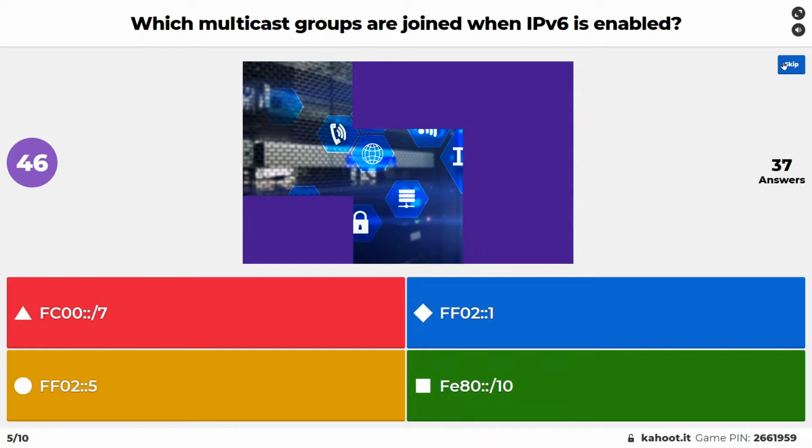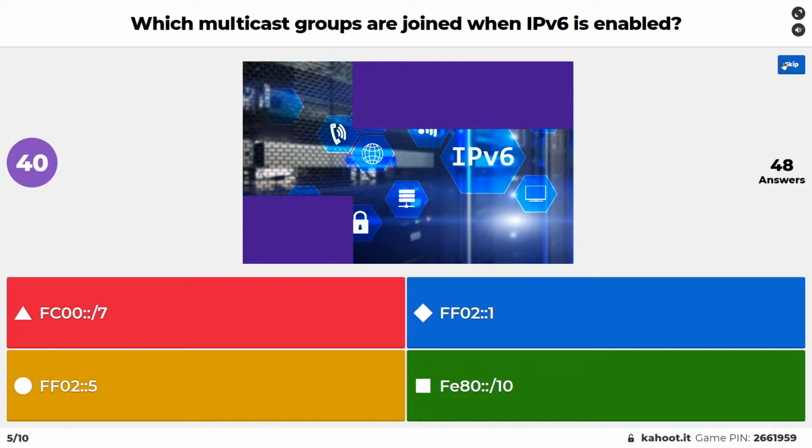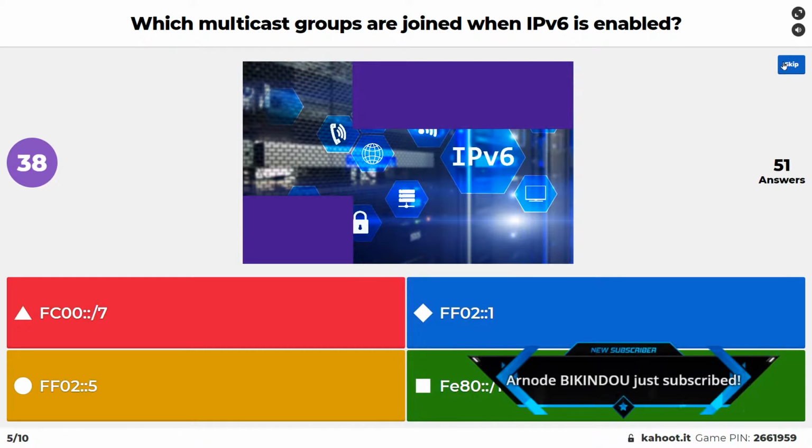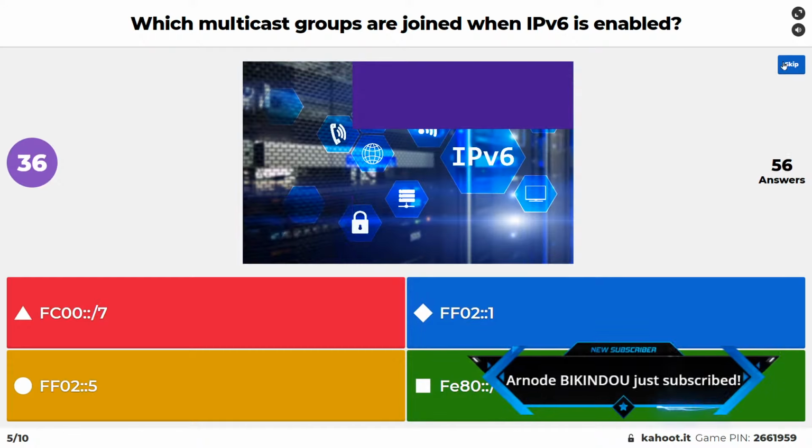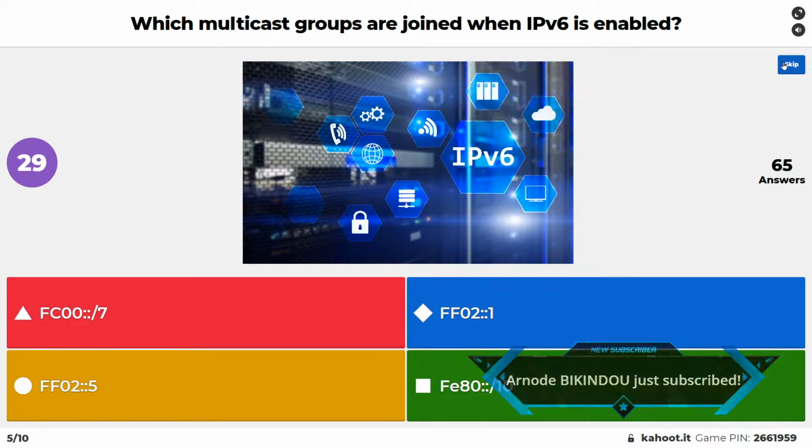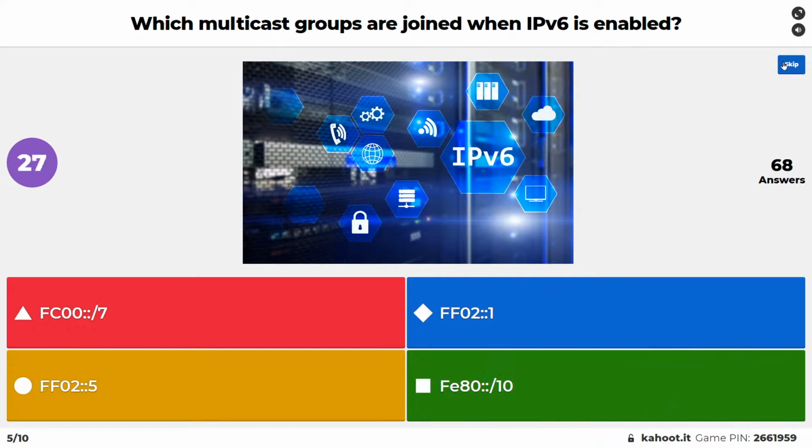Which multicast groups are joined when IPv6 is enabled? Link local addresses are FE80.